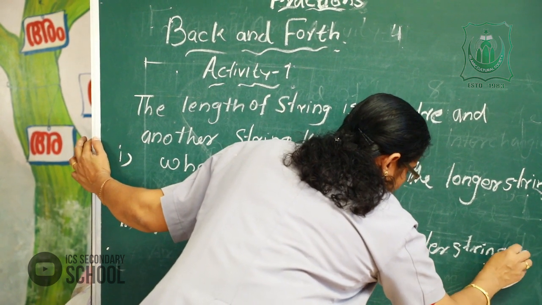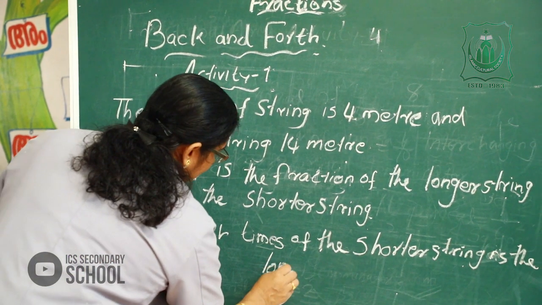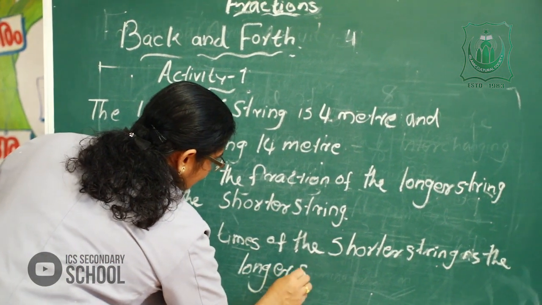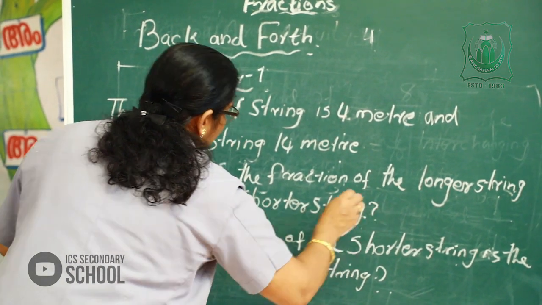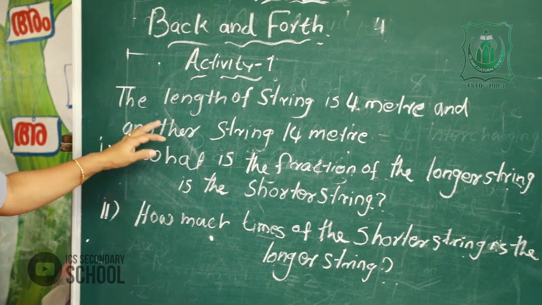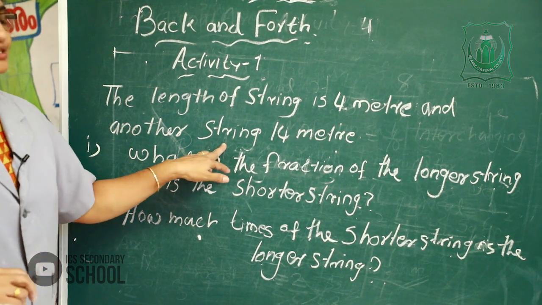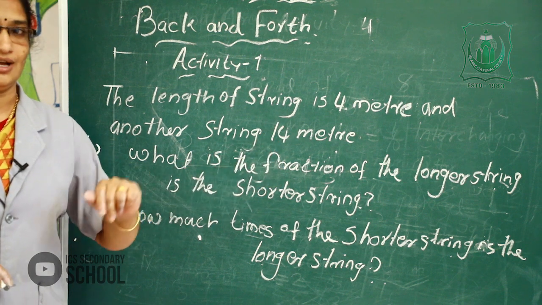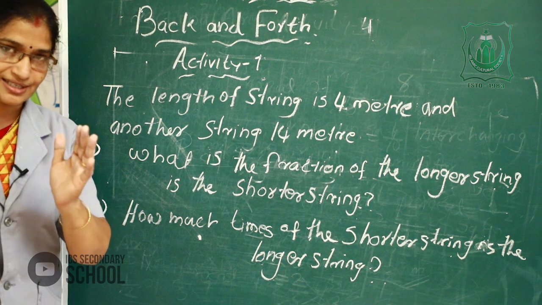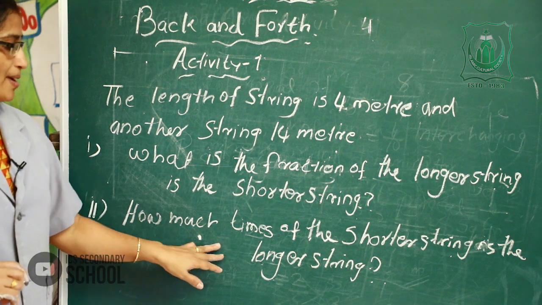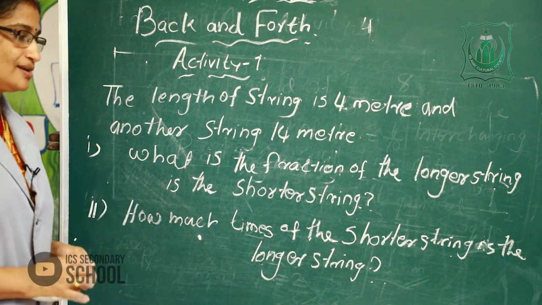The length of the shorter string is 4 meter and another string is 14 meter. What is the fraction of the longer string to the shorter string? How many times is the longer string the shorter string? Answer.